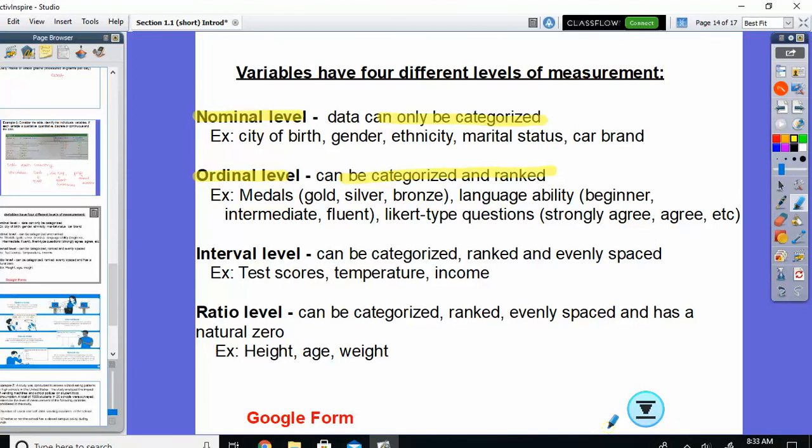Like class offices, president, vice president, we can put those in a meaningful order. Those questions where strongly agree, neutral, disagree, strongly disagree, we can break those up and put them in an order.